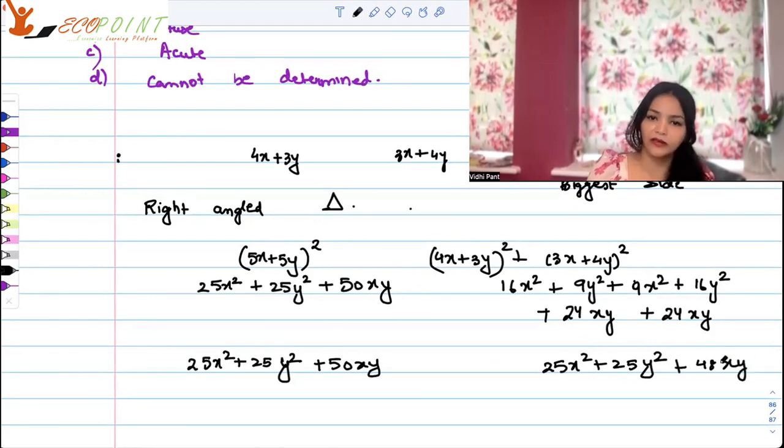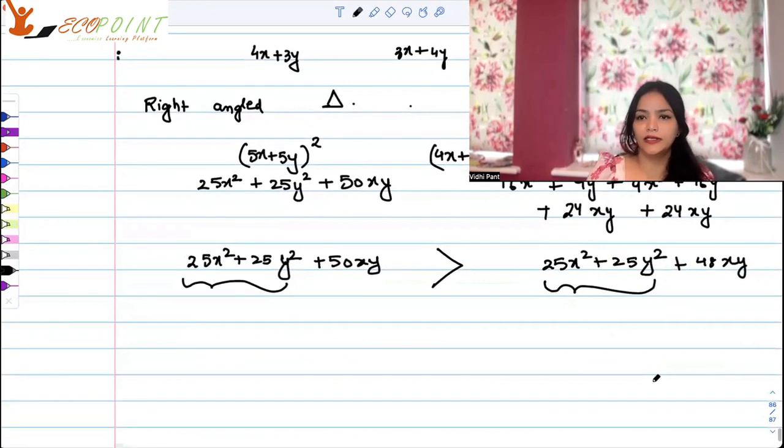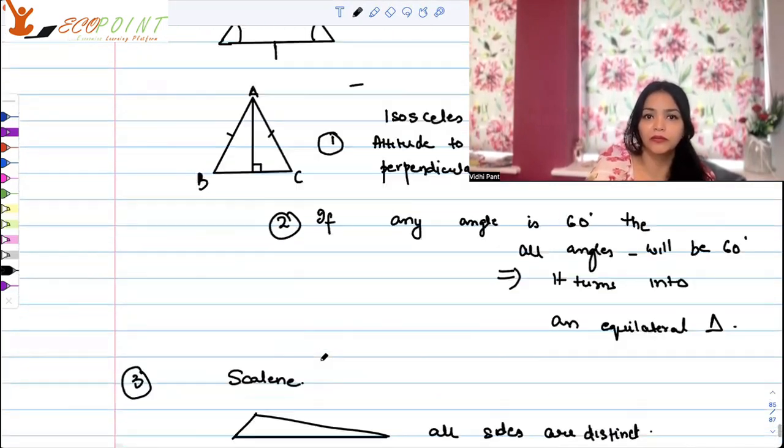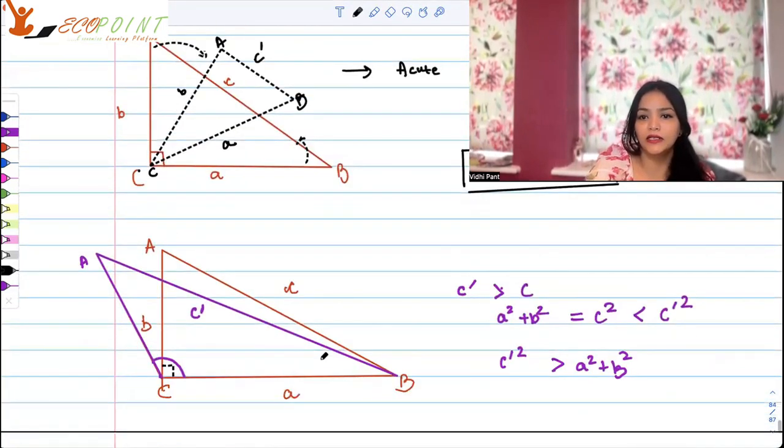Here you get 50xy and here you are getting 48xy. So which is bigger? Clearly this is bigger than this. ये वाली ये तो equal है, ठीक है? So 50xy is bigger than 48xy. ठीक है? Okay, now this means, what the analysis that I gave you, this means my c square is greater than a square plus b square, which means that I have a case of, अगर आप याद करो, कहाँ पे c is bigger?